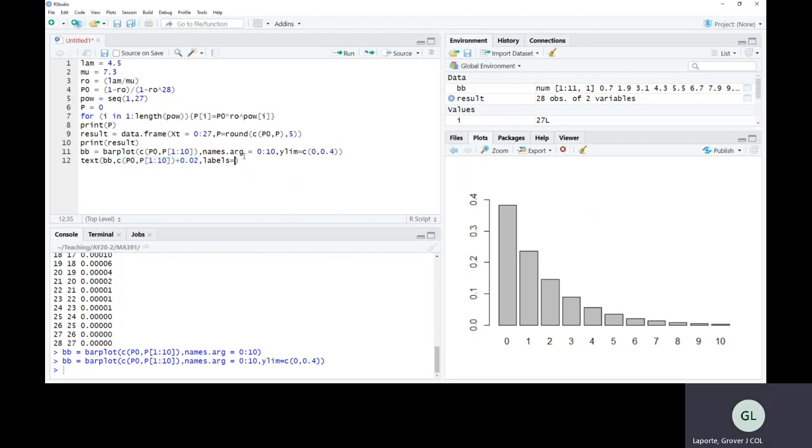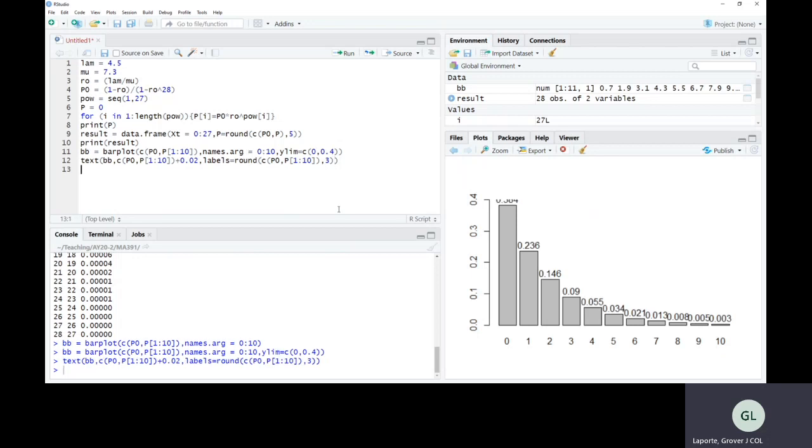That's going to be this round. I'm going to round because I don't want to see a whole bunch of numbers down there. I'm going to round the entire P0 to P, again from 1 to 10, to maybe 3 digits. All right, and then that should work.